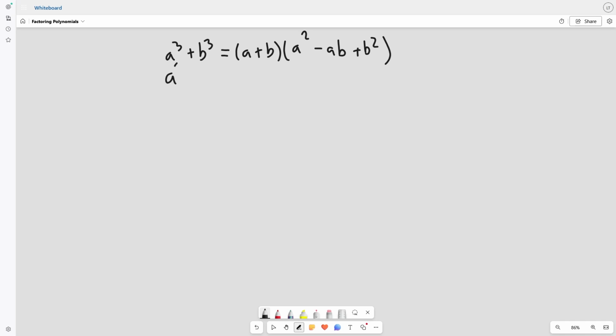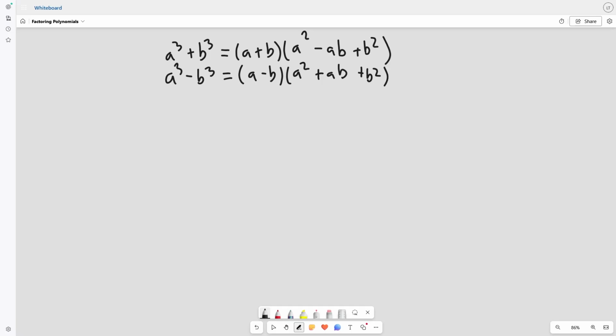And then for the difference of cubes, we have a minus b times a squared plus ab plus b squared.